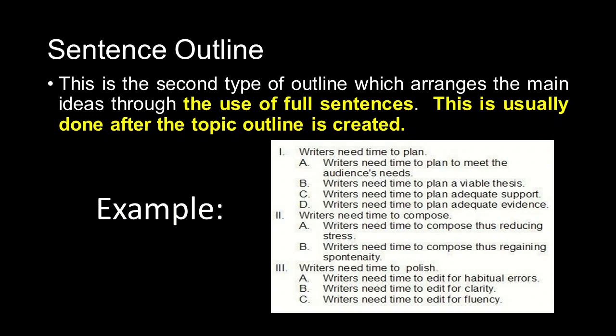So what's the function of the sentence outline? Once you are able to expand your topic outlines into full sentences, the next step would be to put together the sentences found in your sentence outline, and arrange them into paragraphs as signified by your Roman numerals. Then you are already given your actual paragraphs.